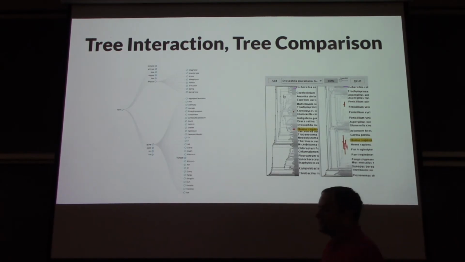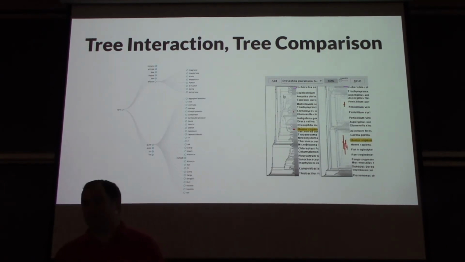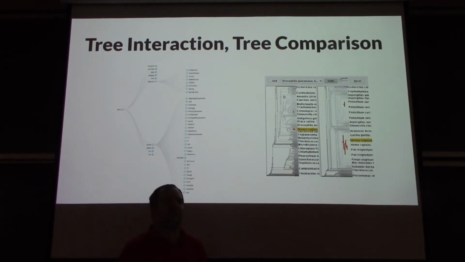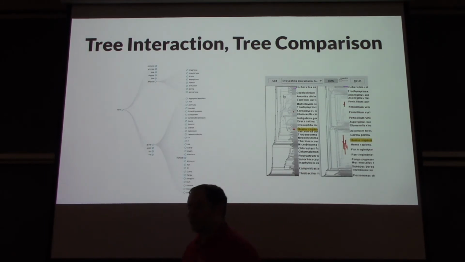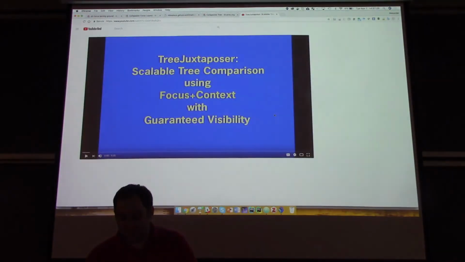So you could ask, for example, a question like, how did my network of friends change over the last 10 years? Or you could ask a question like, I have 2 different algorithms that calculate the tree of life for me. They are slightly different. How do the results compare? And this is a technique that does the latter.